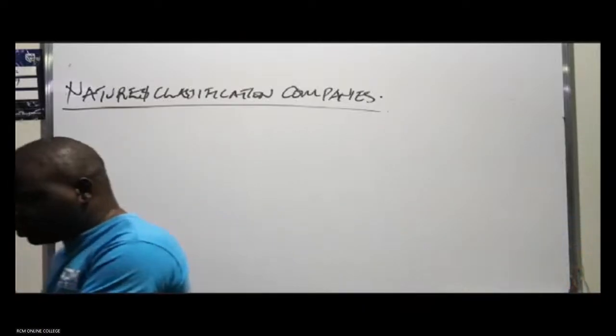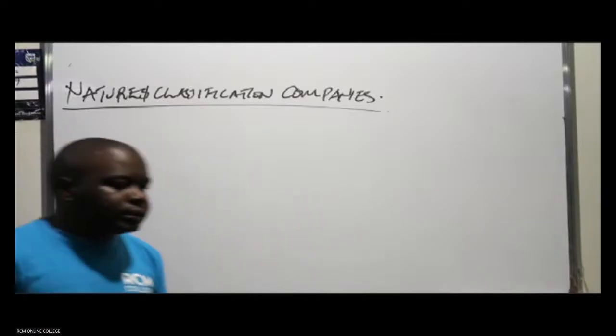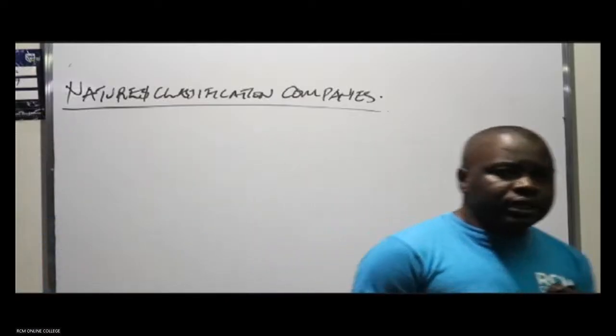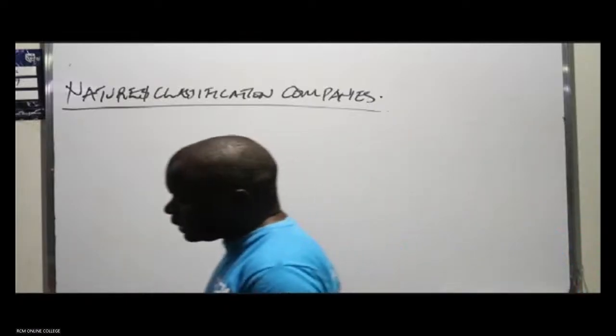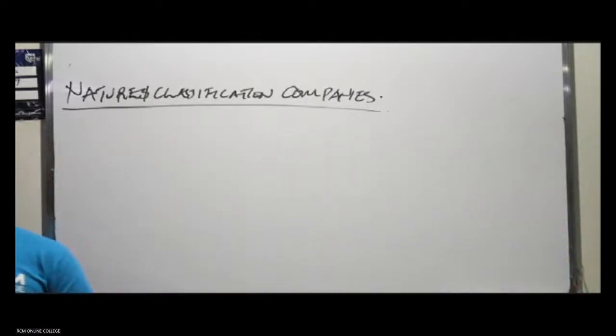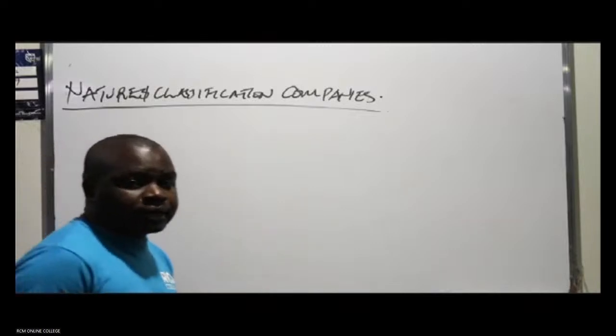We've already introduced this topic, and we've seen what a company is. We've seen the features and characteristics of a company. We've also seen the different classifications of companies.